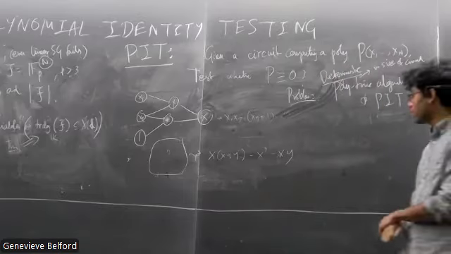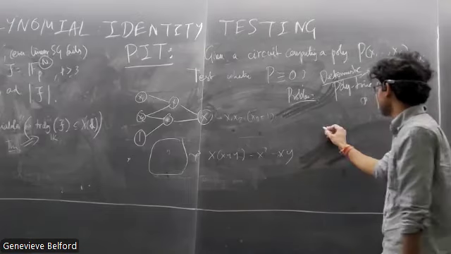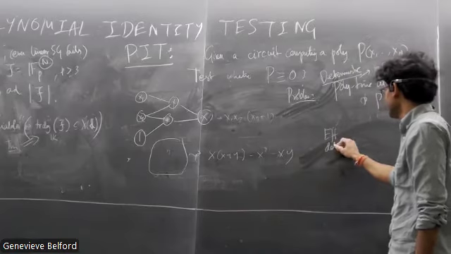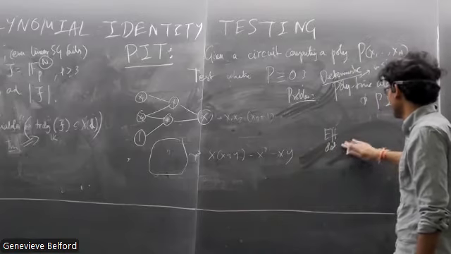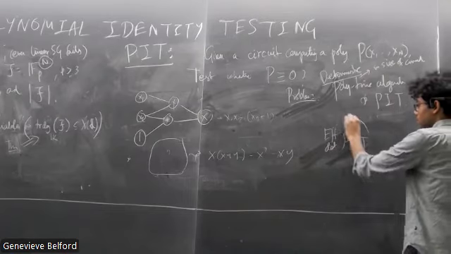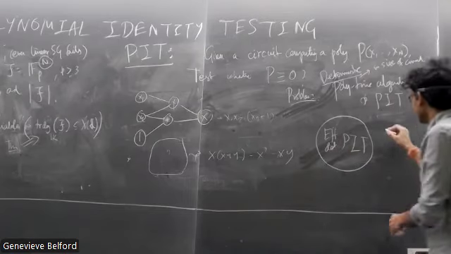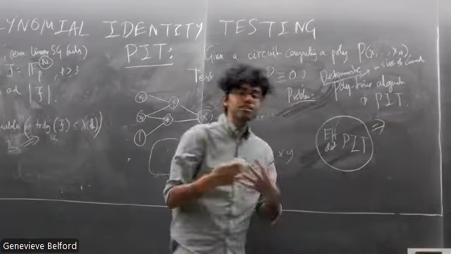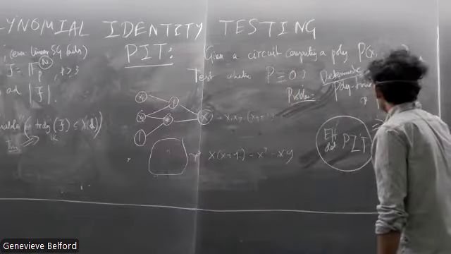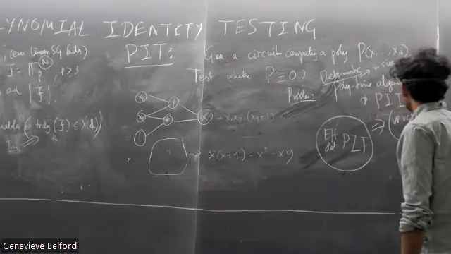This is really central to algebraic complexity theory, because if you have efficient deterministic PIT algorithms, one thing that it implies is that you can construct explicit hard polynomials. So that has consequences towards VP versus VNP.